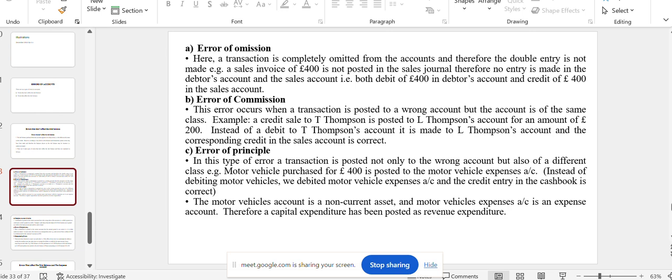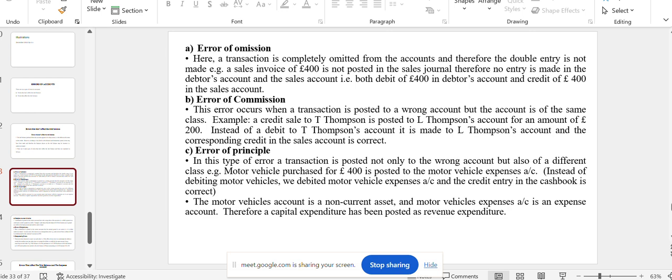Error committed in the wrong account, but the account is of the same class. All of them are debtors. Now, it is important for you to understand this because when you'll be doing calculations, you'll be provided with narrations, and you have to correct the errors.